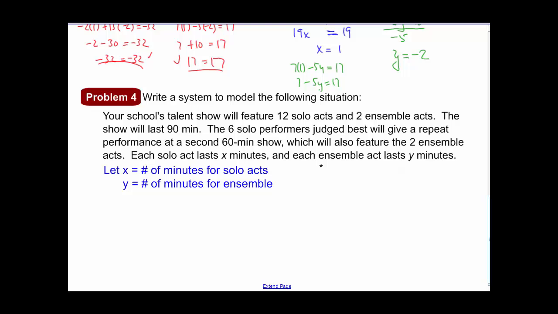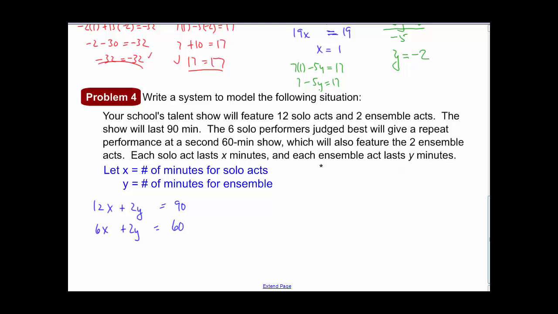Our 2 equations. We have one show that lasted 90 minutes, made up of X and Y. There were 12 solo acts plus the 2 ensembles, so 12x plus 2y equals 90 minutes. Then we had another show with 6 solo performers, so 6x plus the 2 ensembles, for a total of 60 minutes.